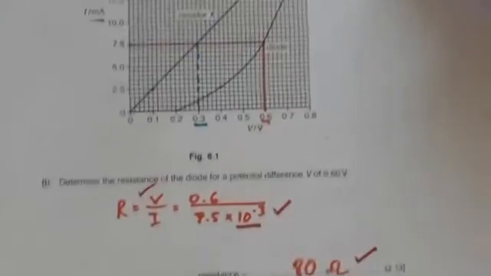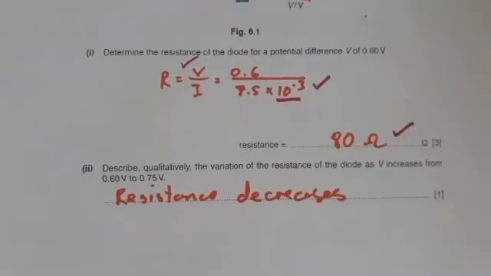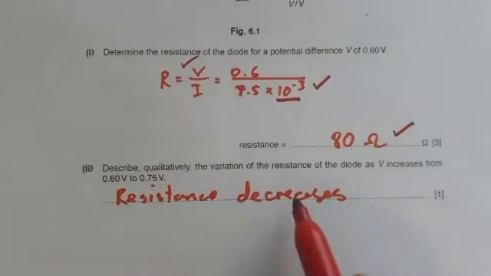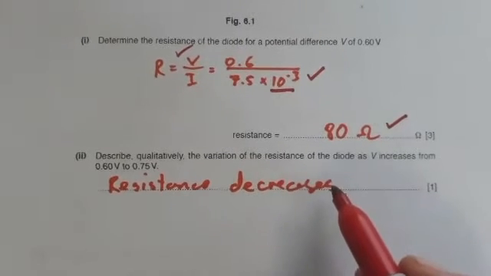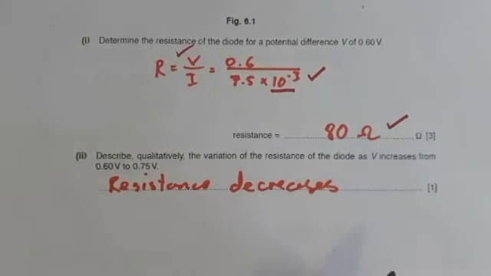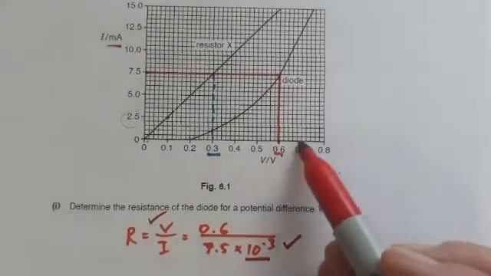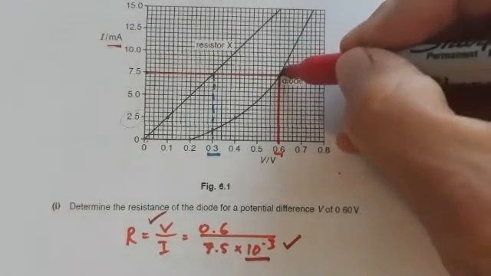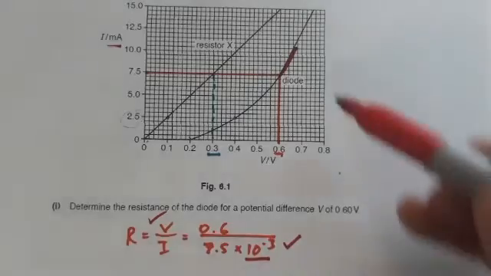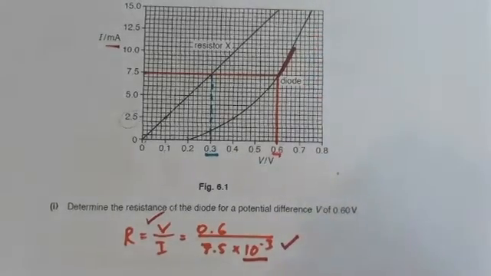And then again, just a question relating to the graph. Describe quantitatively the variation of the resistance of the diode as V increases from 0.6 to 0.75. What happens in this? Well, because my current increases, my resistance decreases.